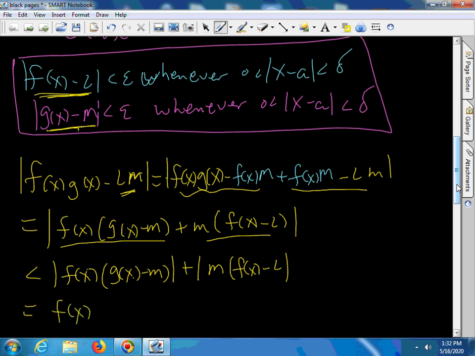You can take the absolute values separately: the absolute value of f of x times the absolute value of g of x minus M plus M times the absolute value of f of x minus L.